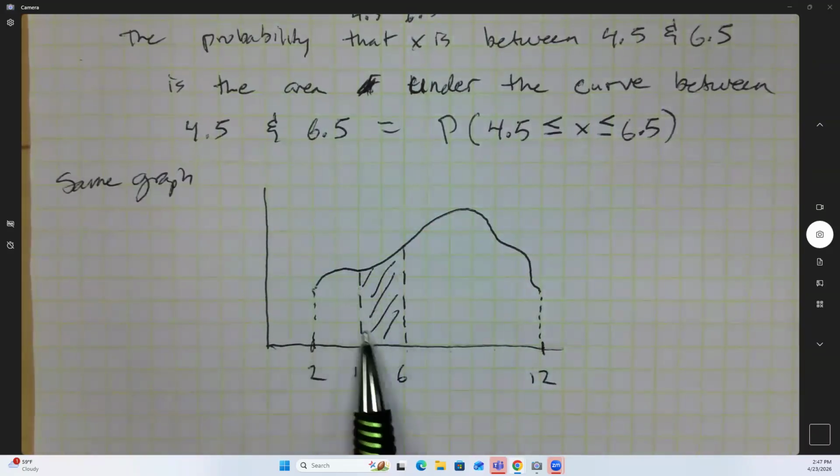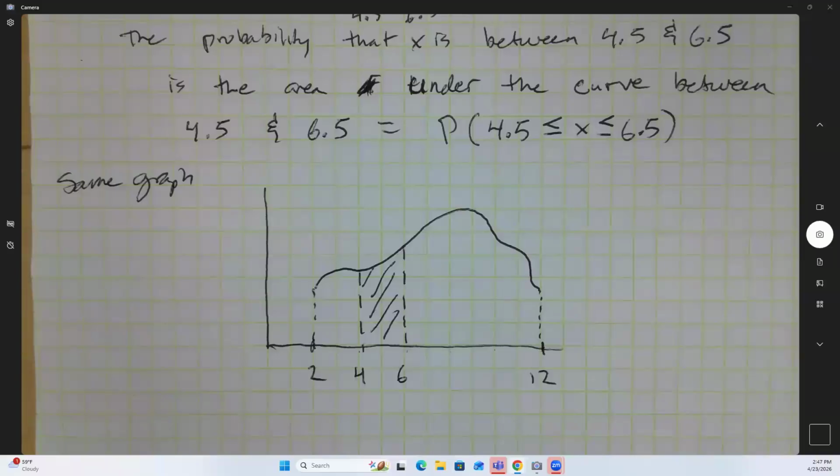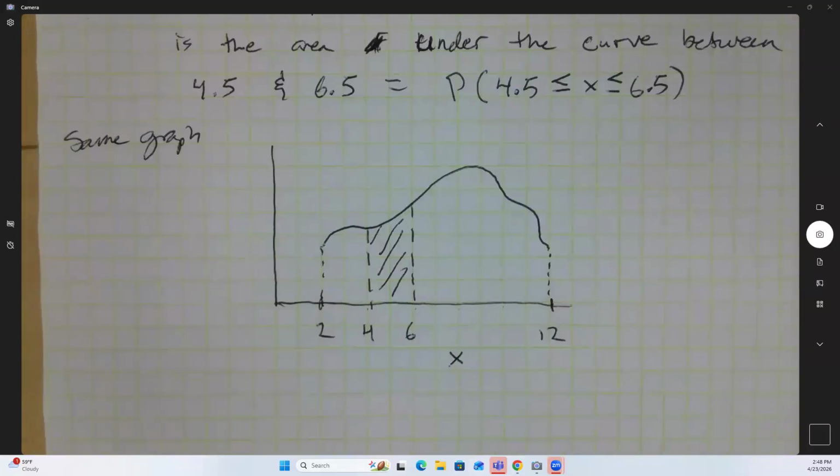What does this area represent? Talk about it with your neighbor. Take a minute. Talk about what that shaded area represents. Someone want to venture a guess? That's exactly right.